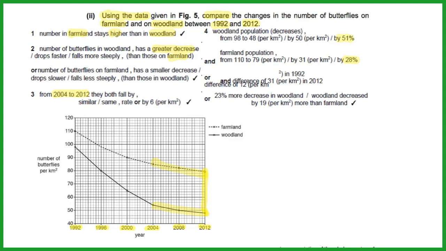And they credited you if you did that calculation and then compared that to the 28% and said that that was a difference of 31 per square kilometre. And it's important then to use that data.